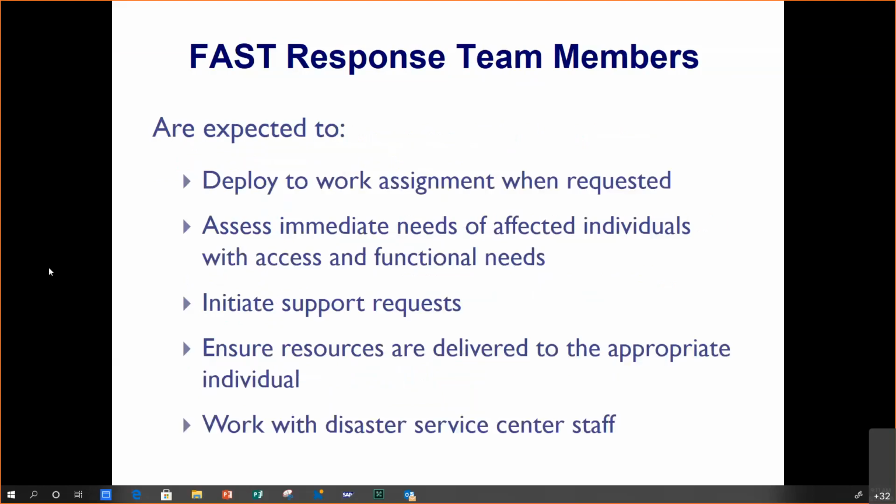Next slide. So some of the expectations are basically you're going to deploy to the work assignment when requested. Again, as was stated Tuesday, FAST members never self-deploy. You will wait for your assignment and then go to that designated shelter, whether it be congregate or non-congregate.